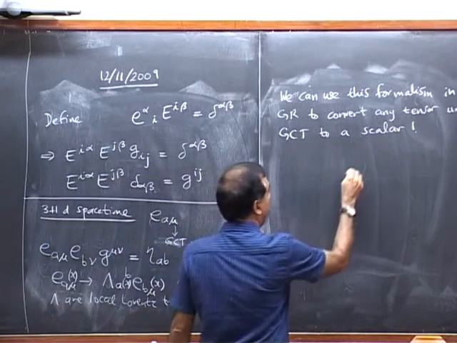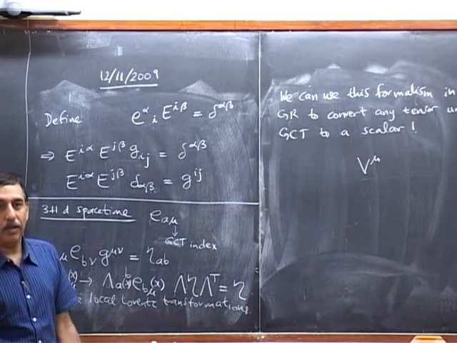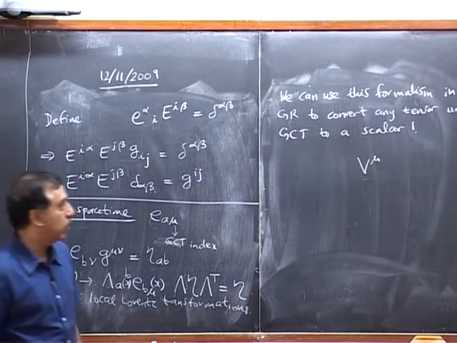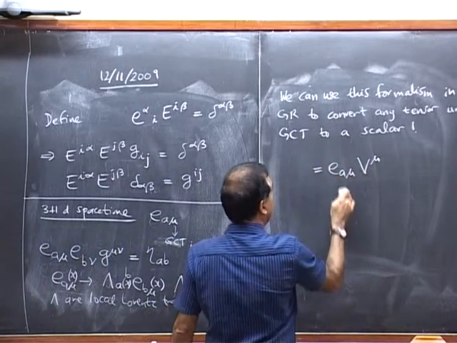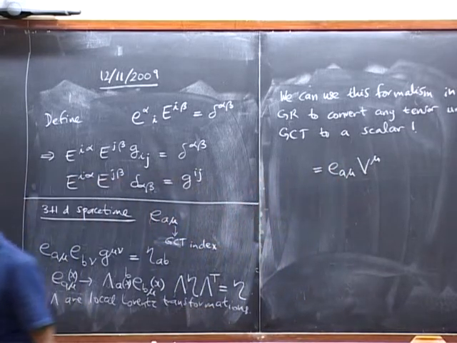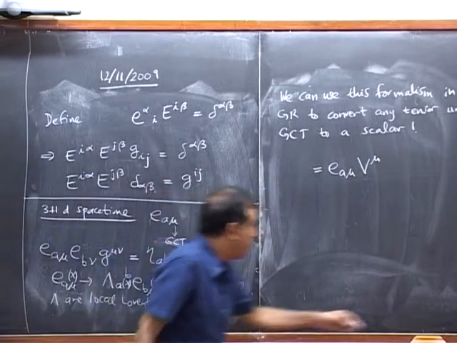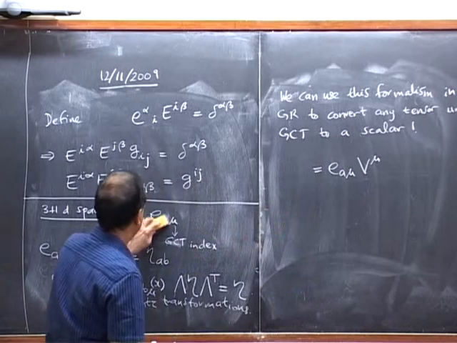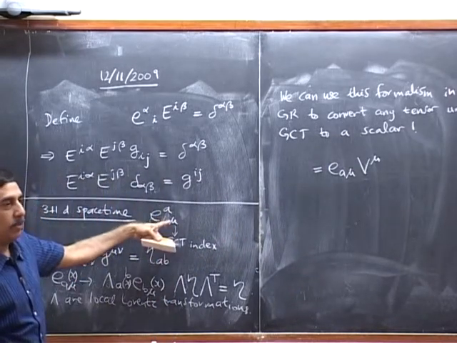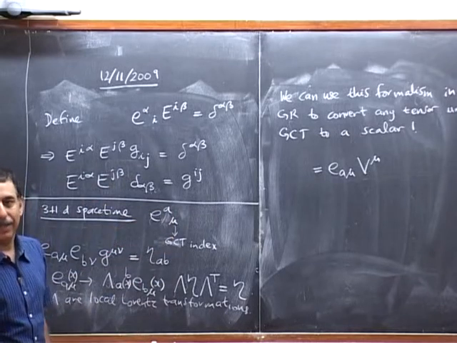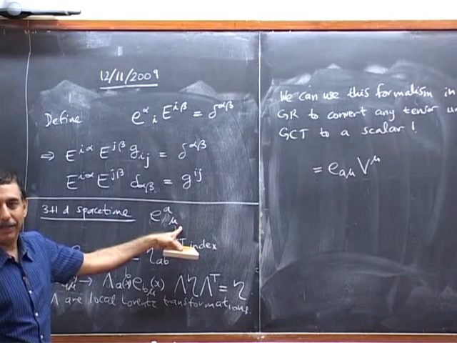Here's an example. Take V upper mu, so it's a contravariant vector. You know how it transforms under general coordinate transformations. Multiplied by E^A_mu. I think I should have stuck to E upper. See, this being up and down doesn't matter much, it only matters up to a minus sign. This index being up and down matters up to a factor of the metric.